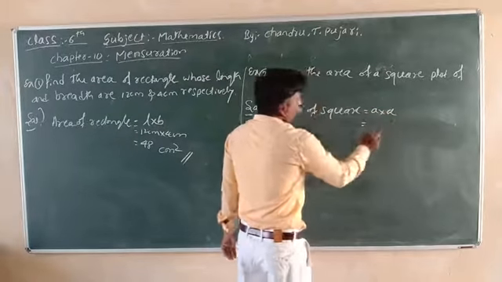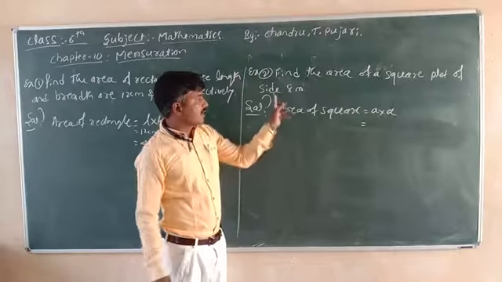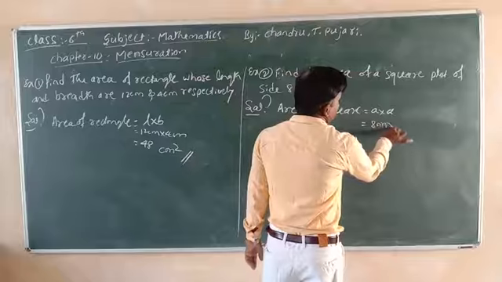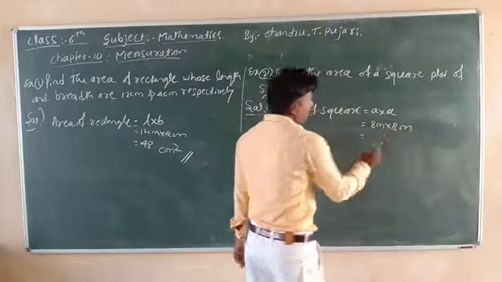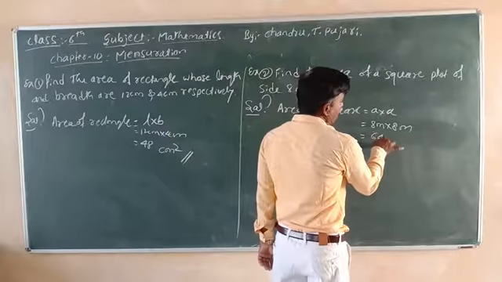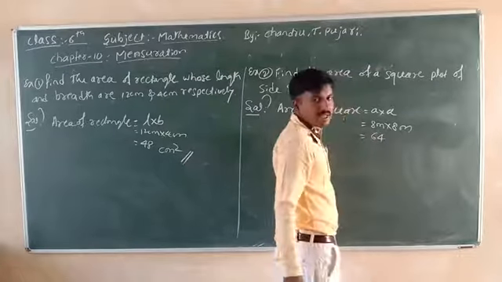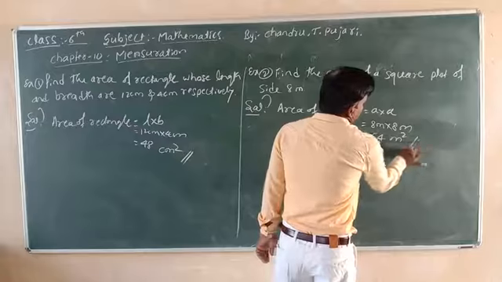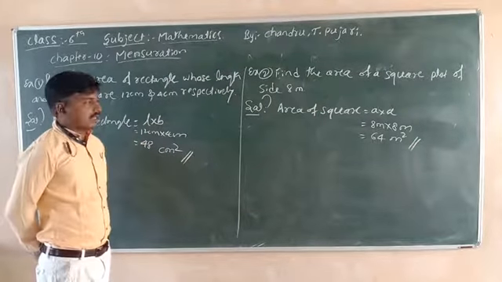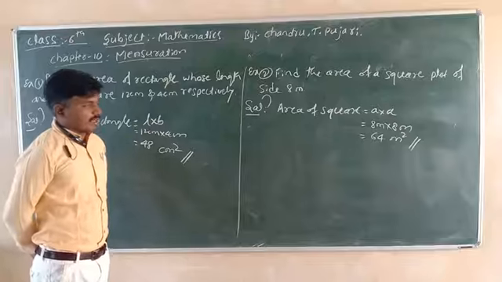Side is given, that is 8 meter. Therefore, 8 meter into 8 meter. 8 eights are 64. Meter into meter is meter square. Therefore, our answer is 64 meter square.